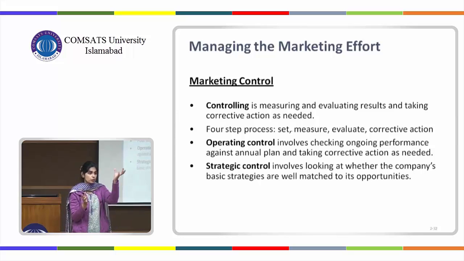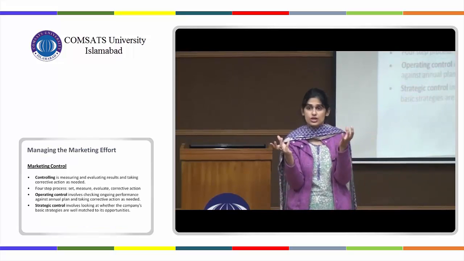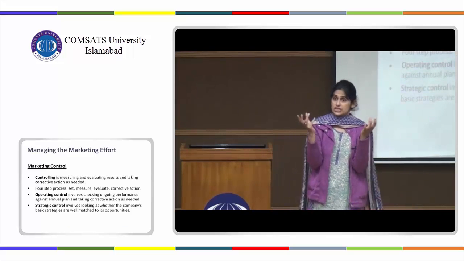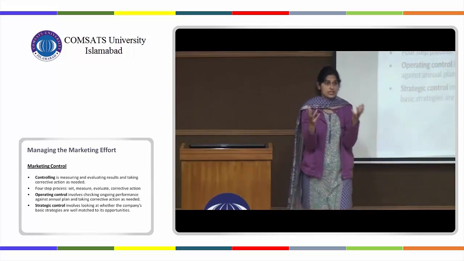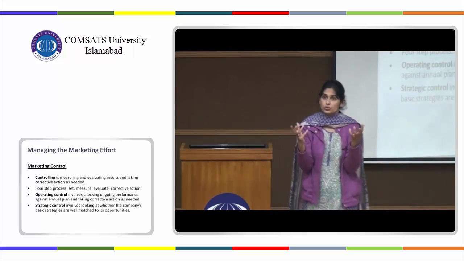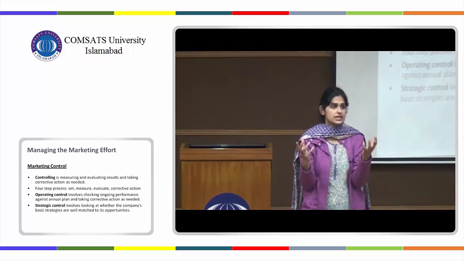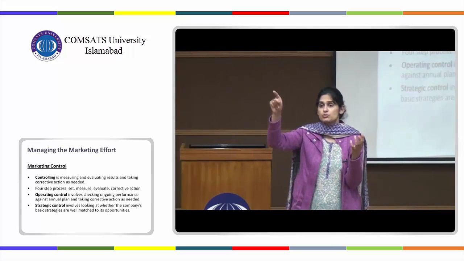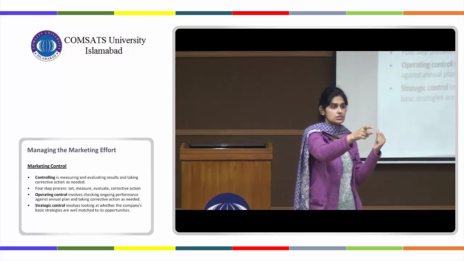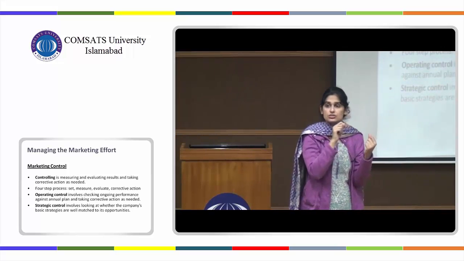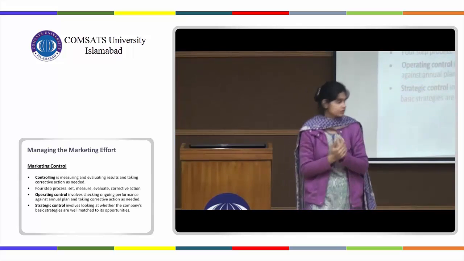So you compare that your goal was 100 units, you sold 80 units. Where did you go wrong? Right? So you evaluate the situation. Maybe you need to hire more salespersons, right? So your sales force was less, that's why you were not able to achieve the set goal. So the corrective action would be to hire more salespeople, right? So this is how you control.